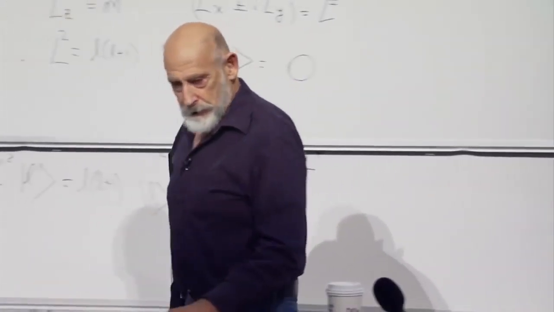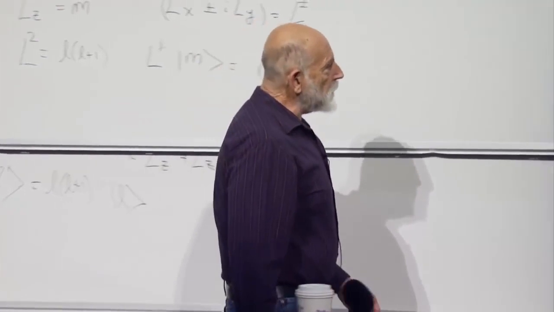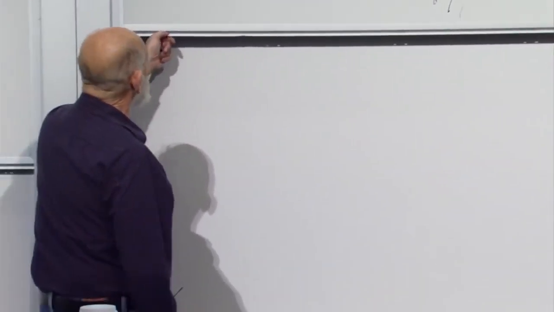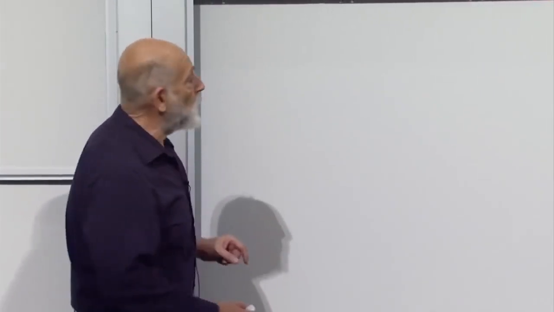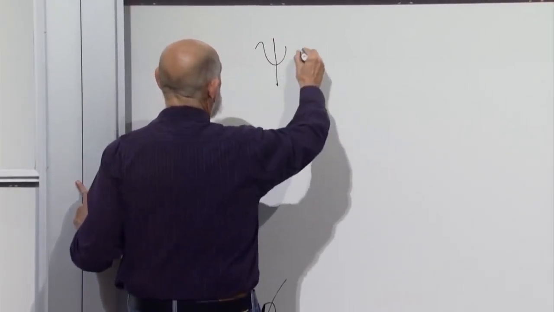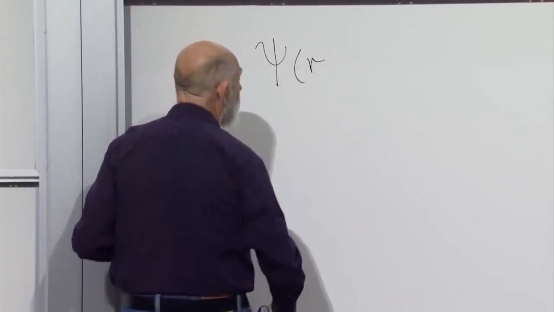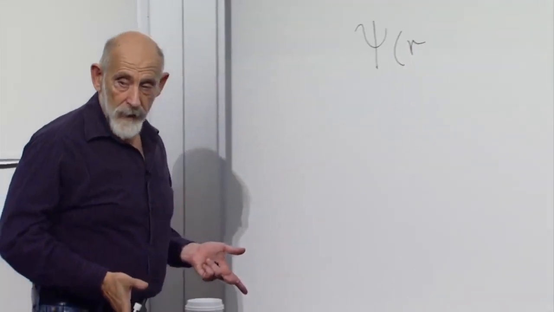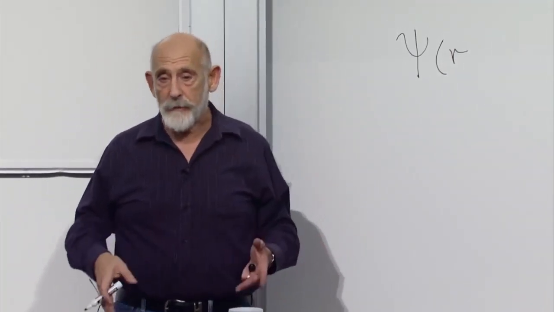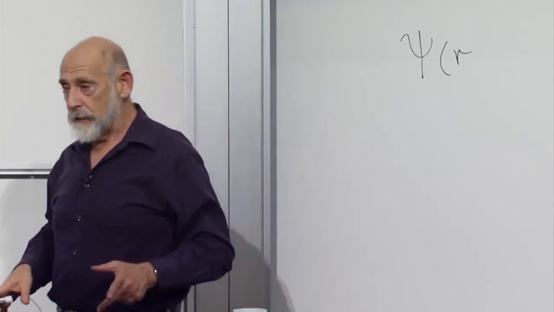What about the quantum physics? For the quantum physics, we have a wave function. We don't have a particle position, we don't have a momentum, we have a wave function. And the wave function is psi of r and also angles. But the angular structure is totally taken into account by knowing the angular momentum.